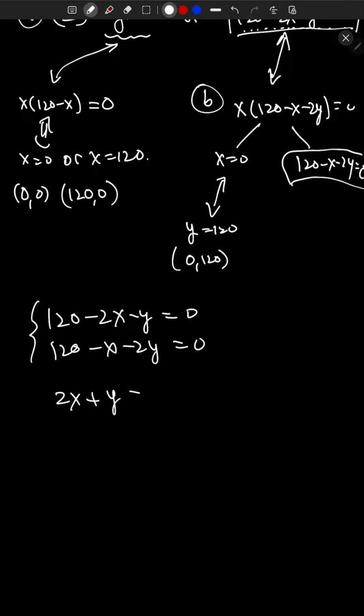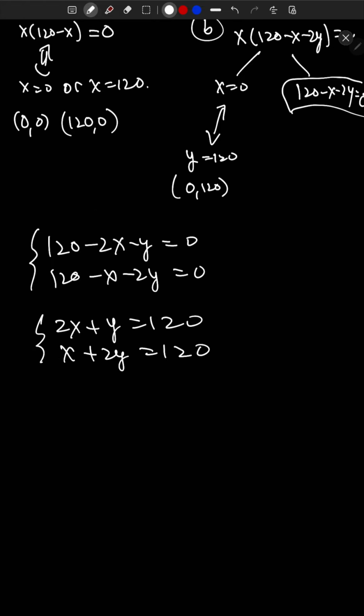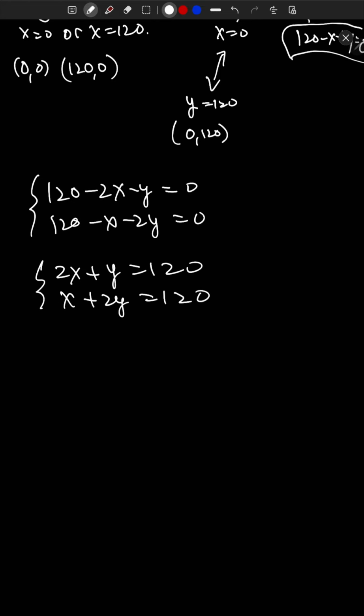2x plus y is equal to 120. x plus 2y is equal to 120. I'll take 2 times equation 2, and then subtract equation 1, something like that, right? So I would get 2x plus y equals 120, 2x plus 4y equals 240.